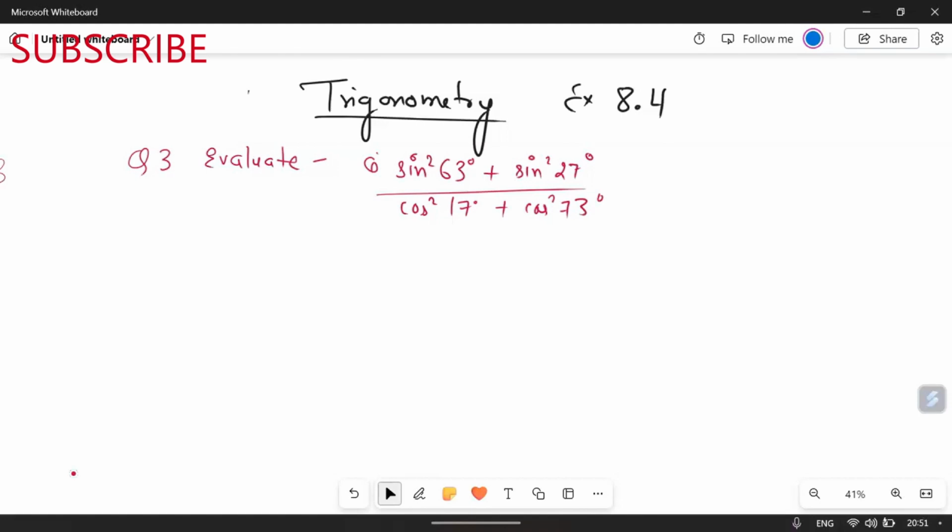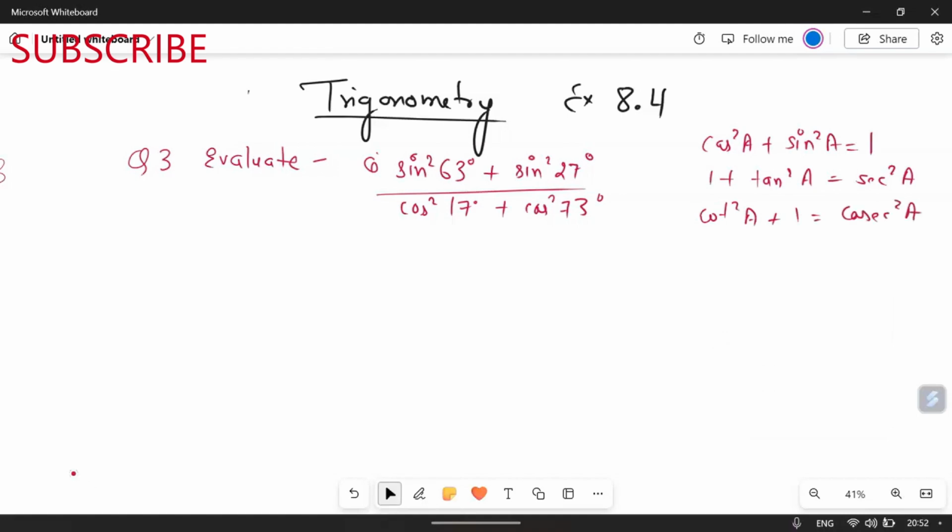So we are going to use the identities here. You must remember cos square a plus sin square a must always be equal to 1; 1 plus tan square a must always be equal to sec square a; and the last one is cot square a plus 1 must be equal to cosec square a.